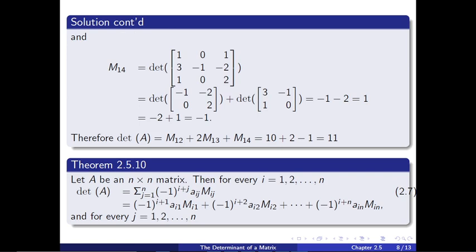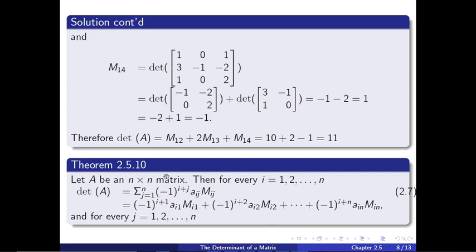It says let A be an n by n matrix. Then for every i, and in this case i represents the row, so for any row that you pick, the determinant of A will be equal to this. You see the i is fixed here, so the i doesn't change. What is changing is just the column.